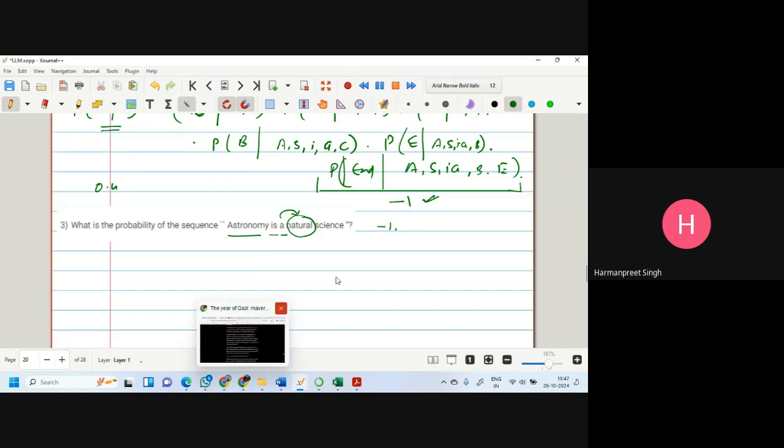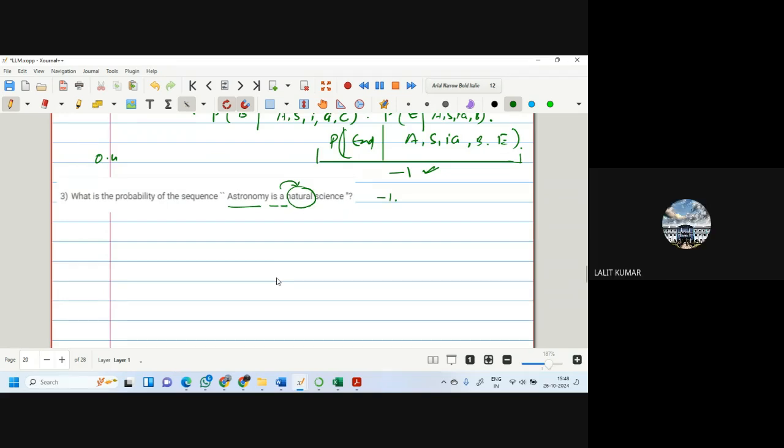No, can the answer be zero? Because the search wouldn't give natural, so the probability would be zero because it will never generate this. You are right. If you take the greedy algorithm, it will be zero. So we can contest that on discourse.